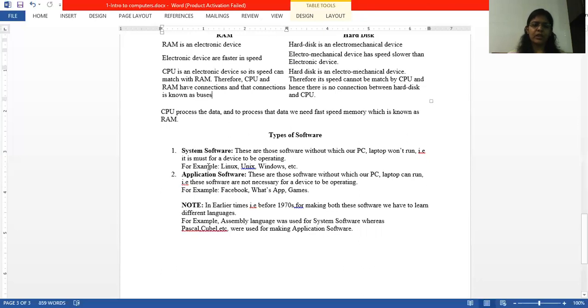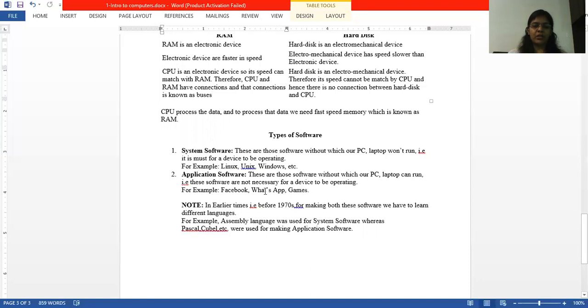The operating system comes under system software. Without this software, our PC won't run. A PC or a device needs system software or an operating system for its working.